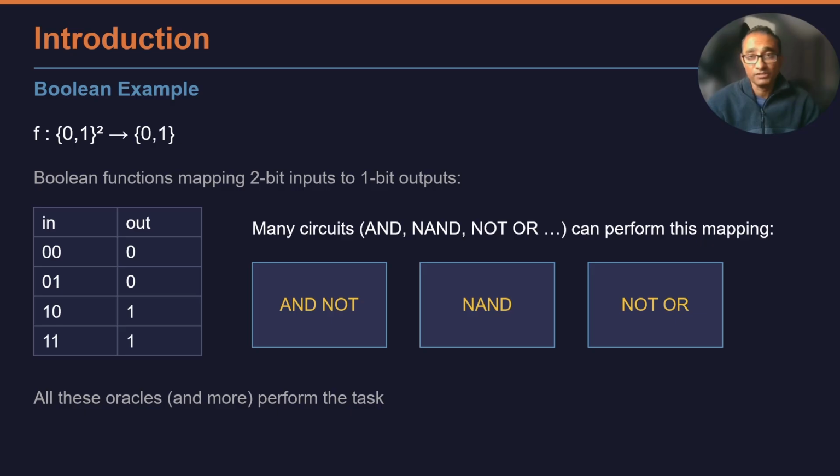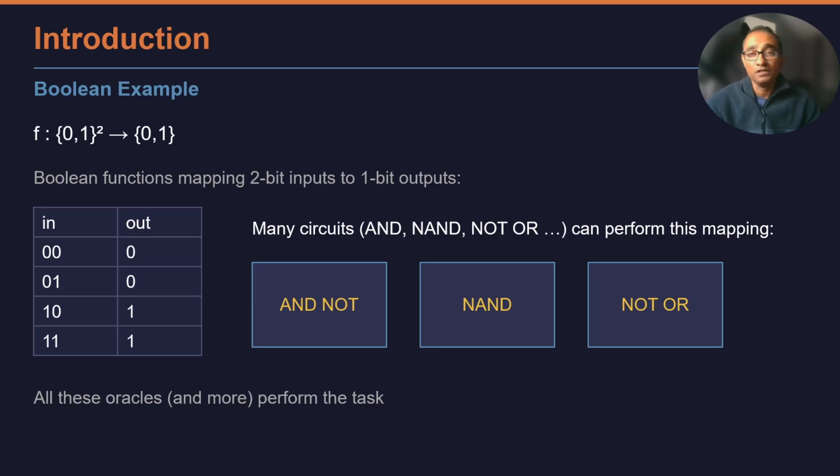And that implementation again can be done through various Boolean functions, the basic Boolean functions that we are probably aware of, like AND, NOT gate, NAND gate, and NOR gate. If you take 0, 0 and apply the AND gate, it will give you 0.